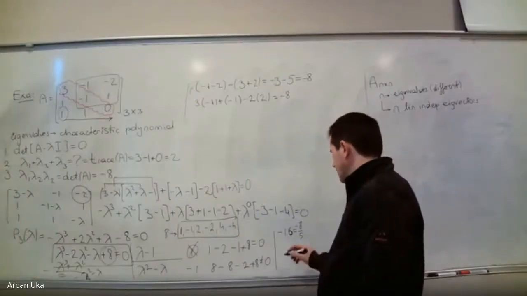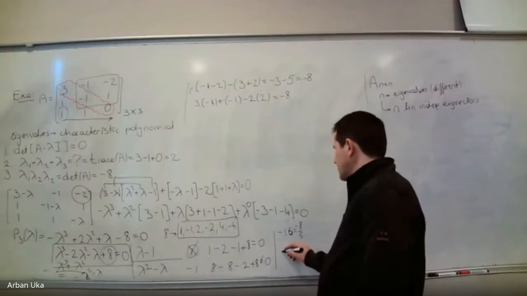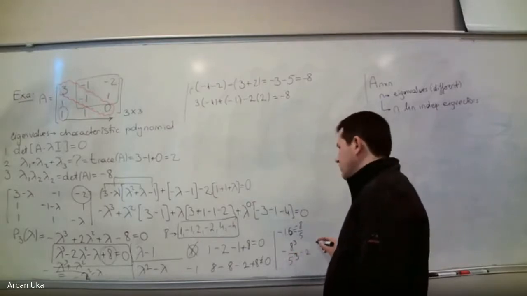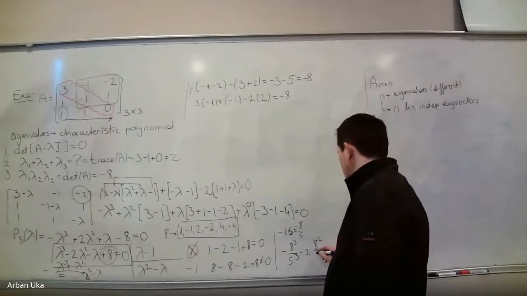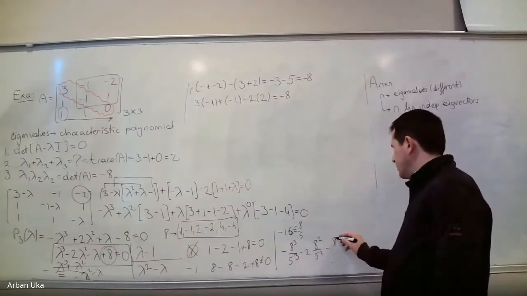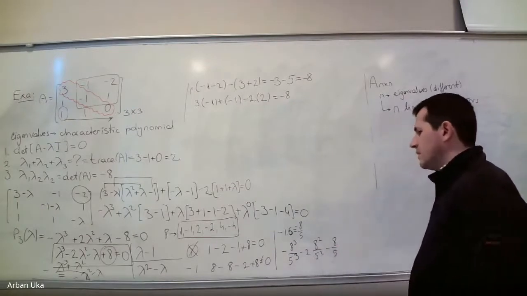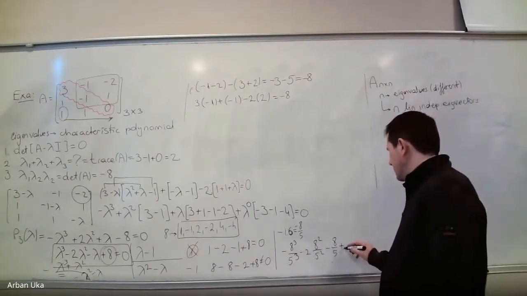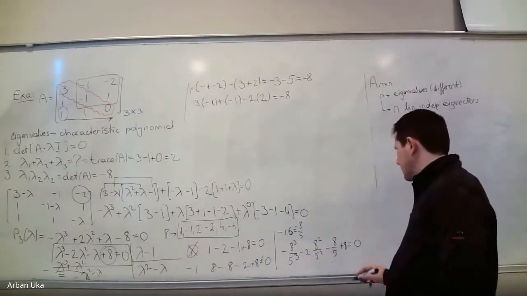But let's try this one. We can try minus 8 to the power 3 divided by 5 to the power 3, minus 2 times 8 squared over 5 squared, minus 8 over 5, plus 8. This is equal to 0.